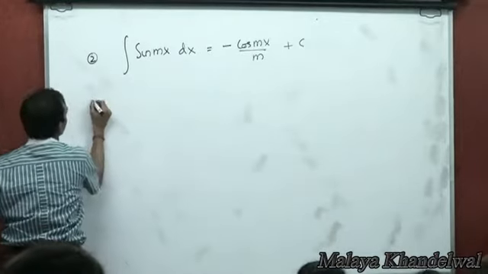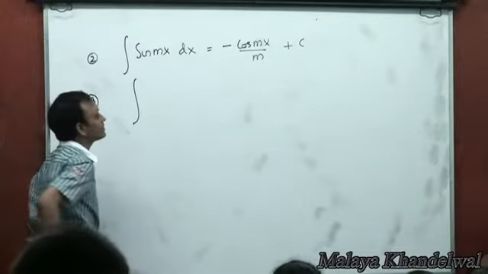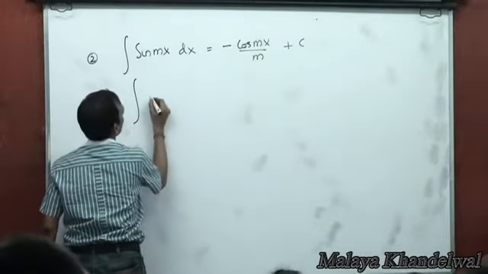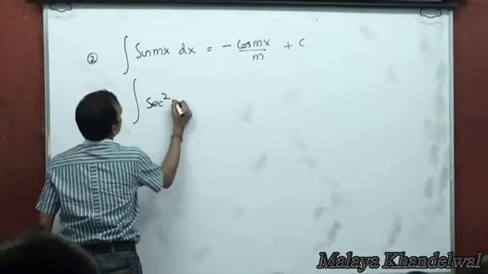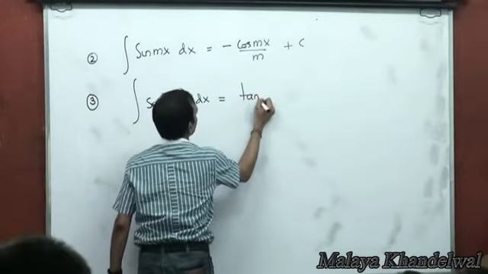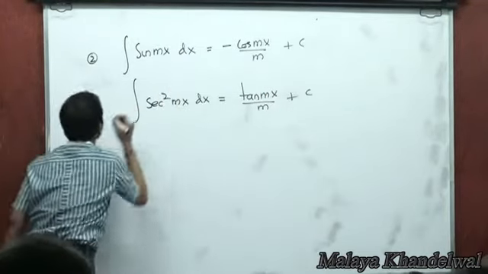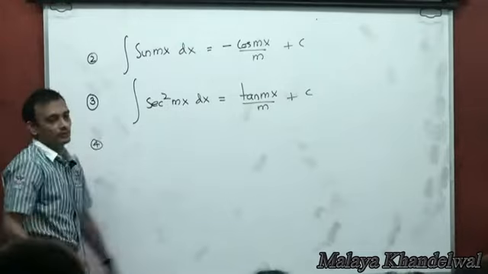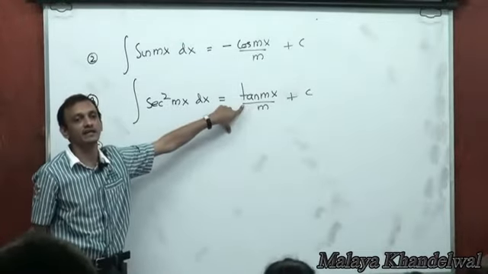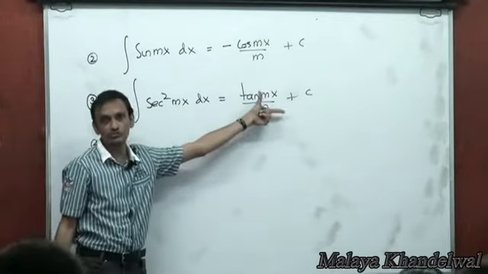3. Integral sec squared mx dx is tan mx by m plus c. These are all results that you have to remember. Would you want to differentiate the right hand side and see if you are getting sec squared mx? Can you do that? Please do that.